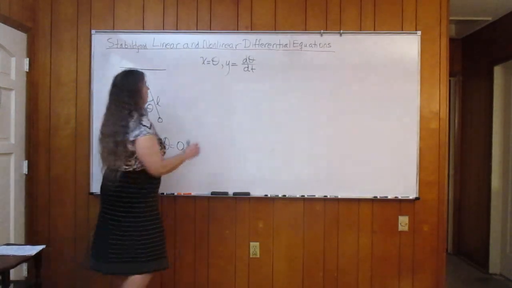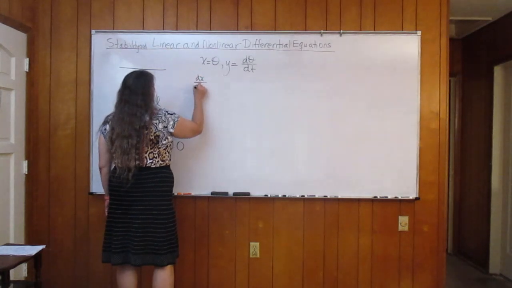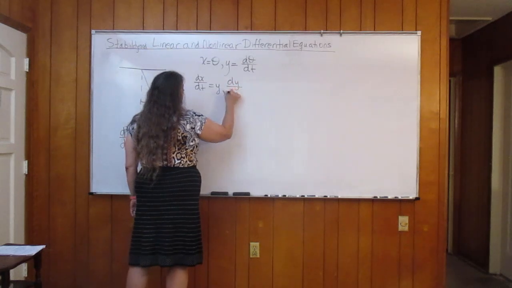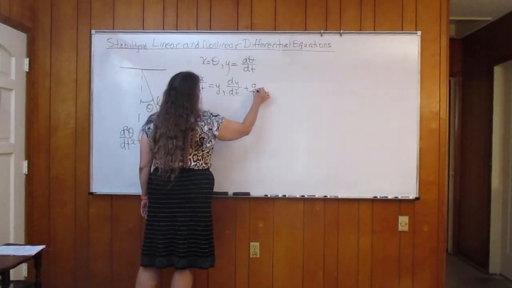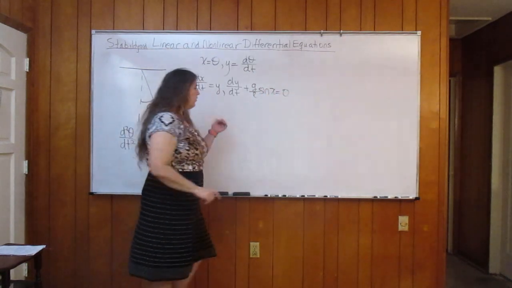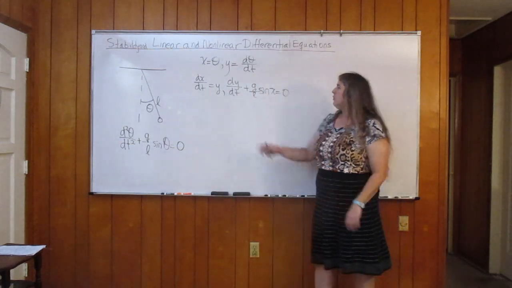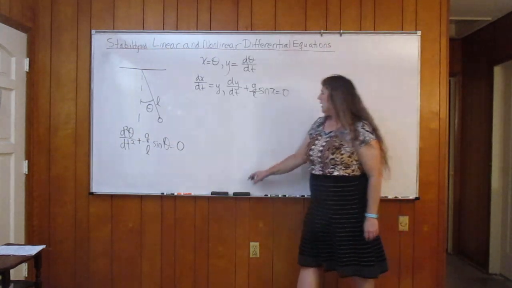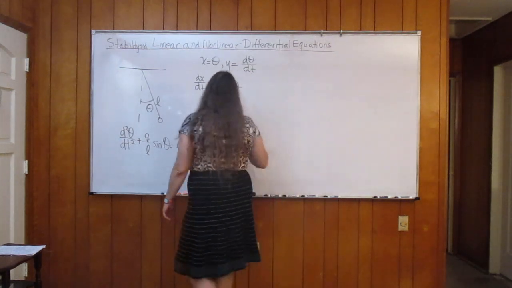You can rewrite this equation as dx by dt is equal to y, and dy by dt plus g over L sine x is equal to 0. So I've converted a single second order differential equation to two first order differential equations. And I'm going to go ahead and move this over to the right hand side.